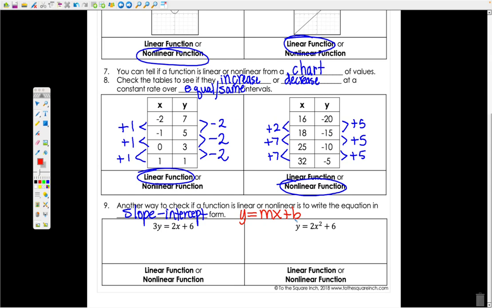Okay, so that means if you can put it in slope-intercept form, then it's a linear function. Tell me, can you put this in slope-intercept form? Which one? The first one on this side, 3y equals 2x plus 6. How? Thank you. If you divide everything by 3, it's in slope-intercept form because it's y equals 2/3x plus 2, making it linear.